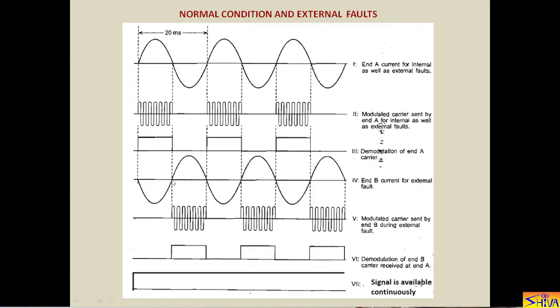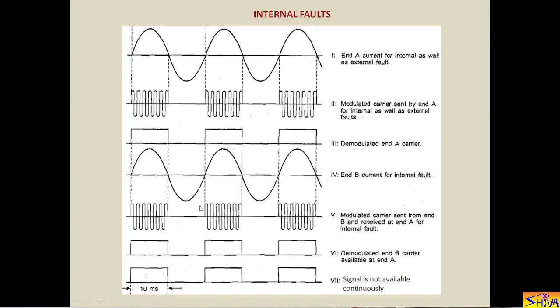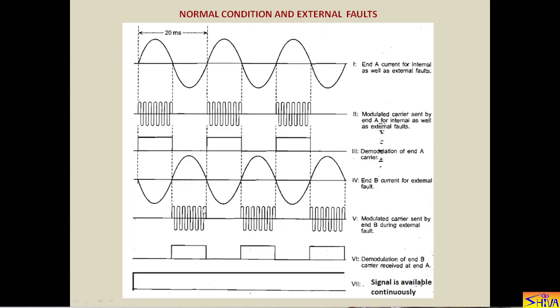Now the modulator modulates this signal during the positive half cycle only. You can see these are the modulated carrier signals sent by end B during external fault as well as normal condition. These signals are present at end B as well as transmitted to end A. After demodulation, this is the rectangular wave at end B.